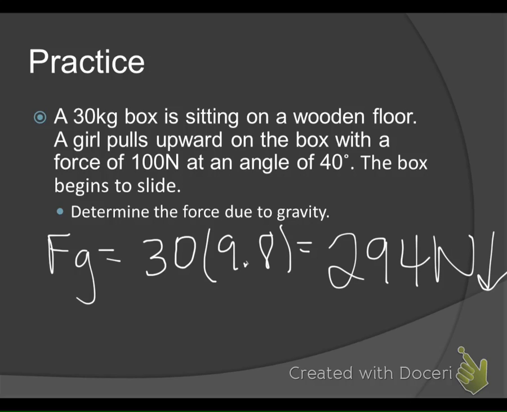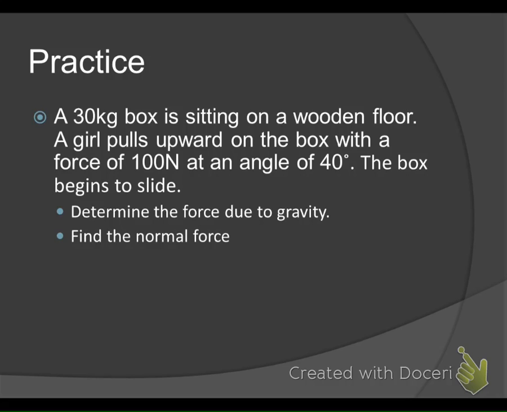That's F sub g. In this case, does F sub g equal F sub n? No, it does not, because we're pulling on that box with some vertical force, or some component of vertical force, that's taking pressure off the normal force. So this is how we calculate normal force.